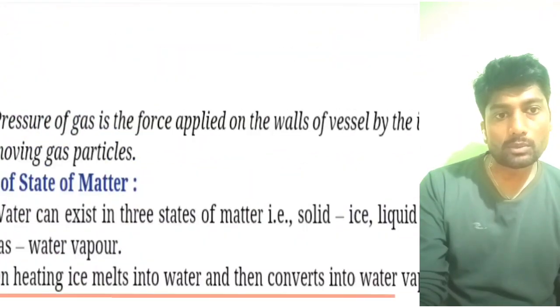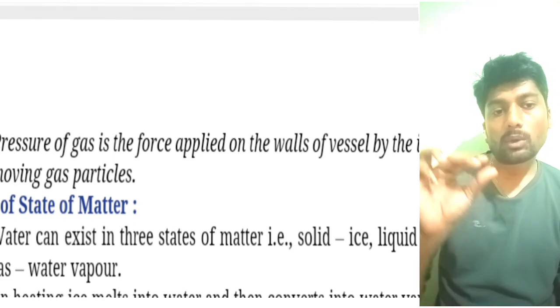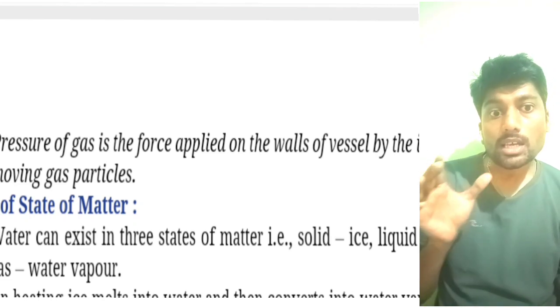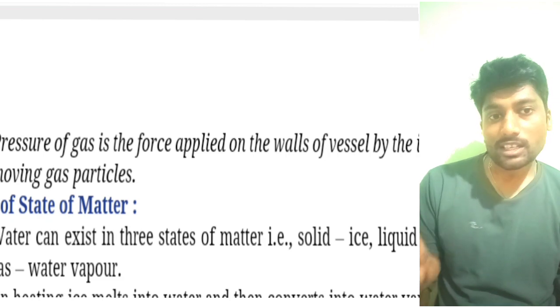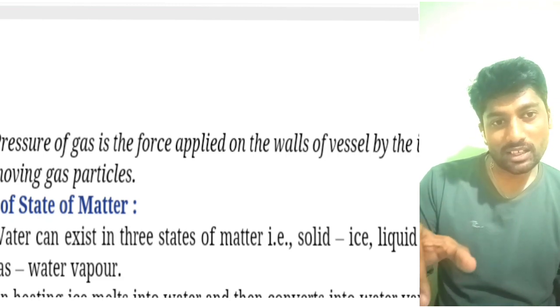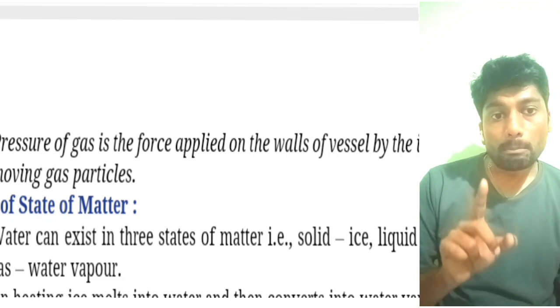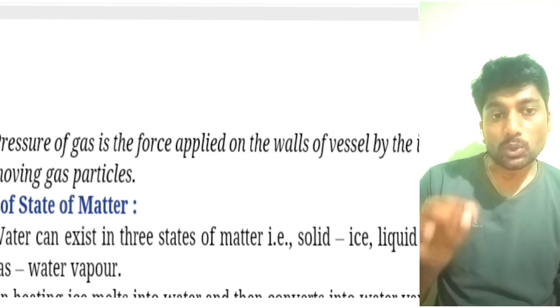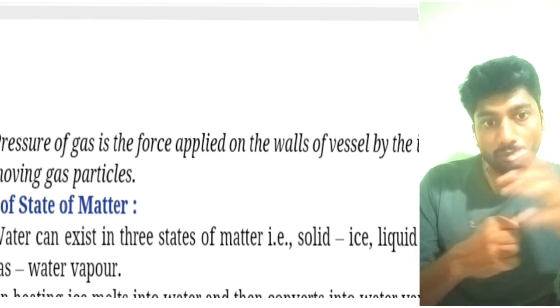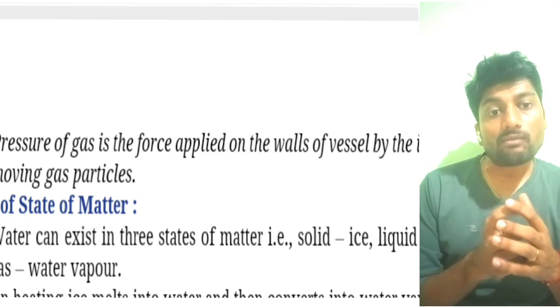We can observe this vibration maximum in the solids, because there is no movement of particles in the solids. In the liquids and gases the particles are moving, but in the solids the particles are not moving. So that force they can take as vibration.